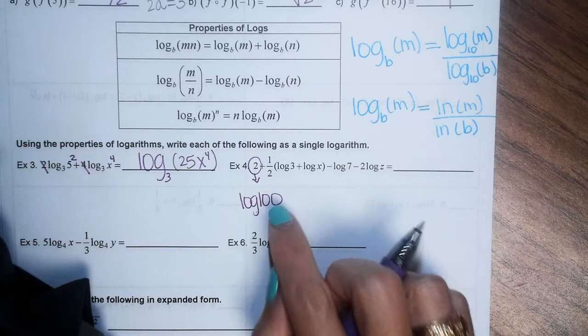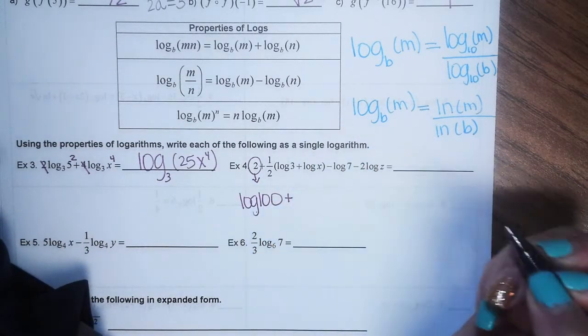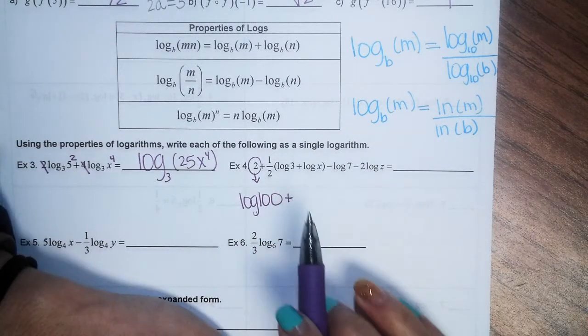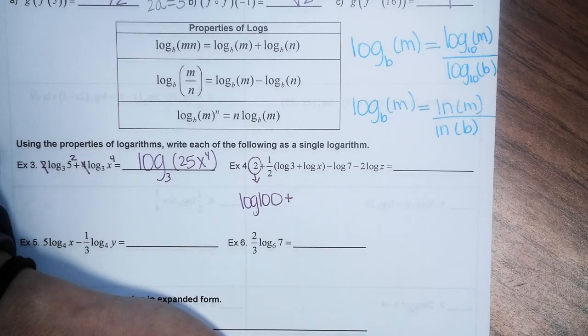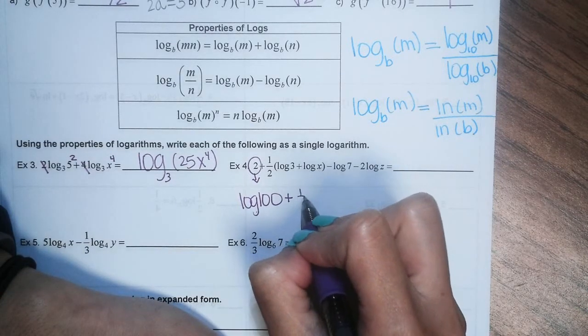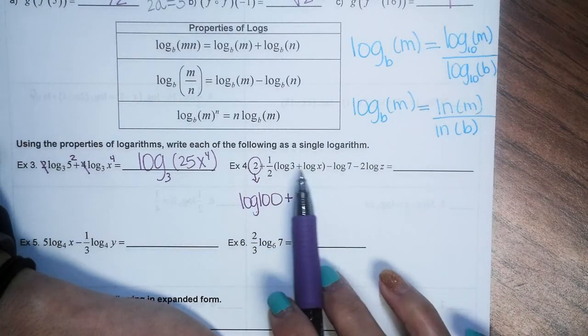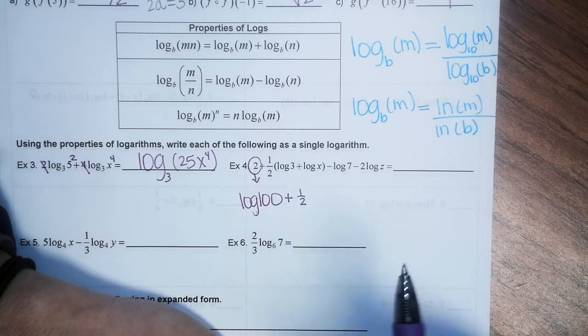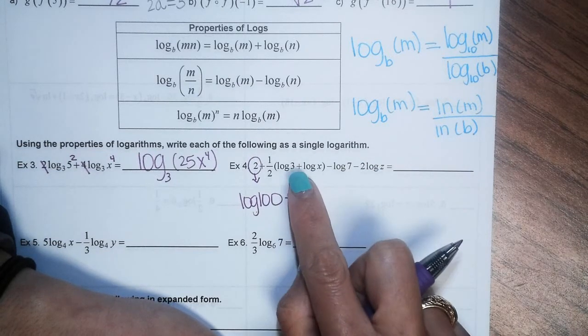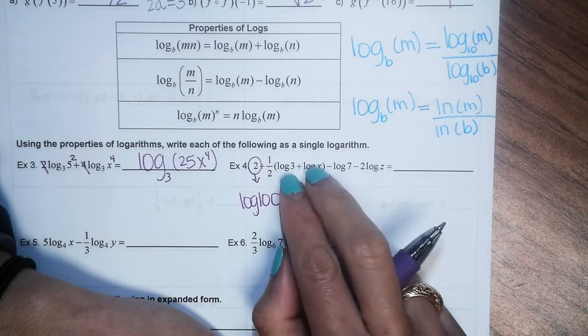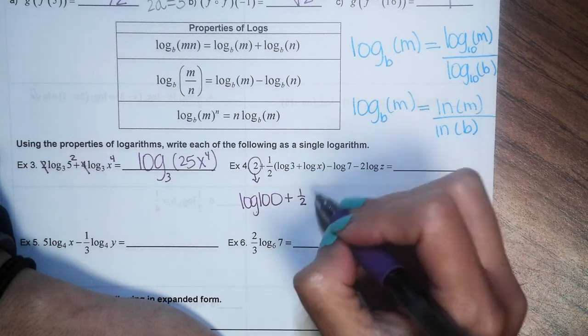So now I have log of 100 plus 1/2. Let me combine these two logs in parentheses into one single log. Since they are being added, I can just multiply the 3 and the x together.